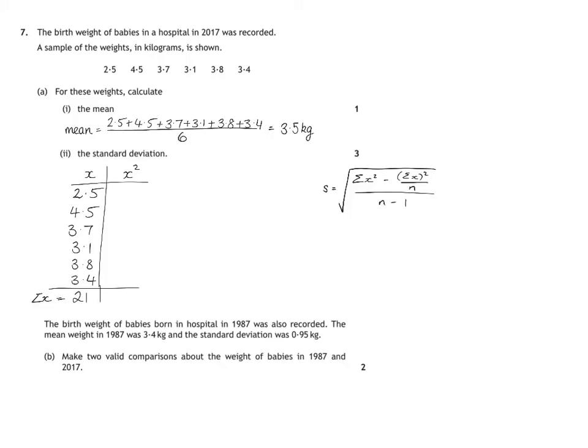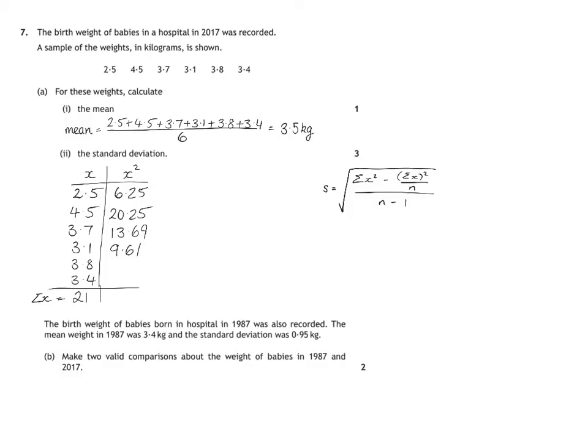And then our x squared: 2.5 squared is 6.25, 4.5 squared is 20.25, 3.7 squared is 13.69, 3.1 squared is 9.61.